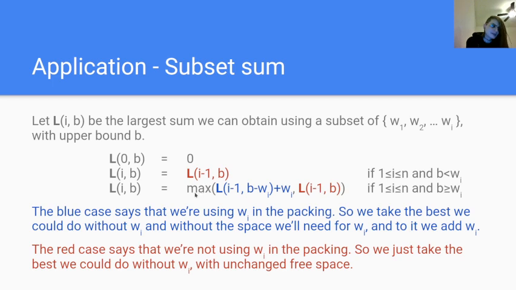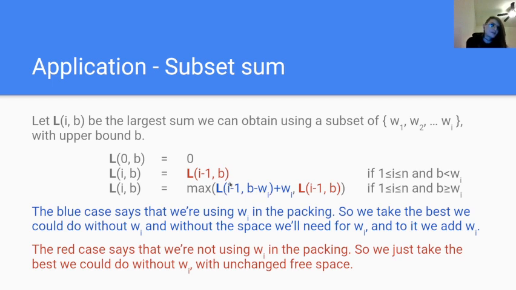But the other thing that is in contention for winning this max function is the blue case. The blue case is saying, take the best that we could do with the first I minus 1 items. So before the ith item was introduced, what was the best we could do? Let's take that, subject to the constraint that we have to be able to fit in B minus W sub I space. So we're leaving ourselves W sub I space.